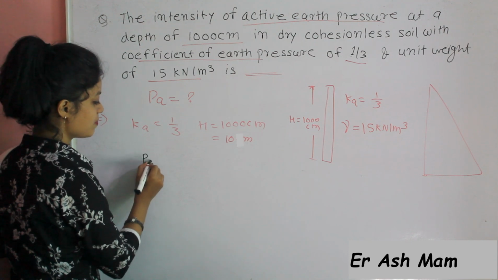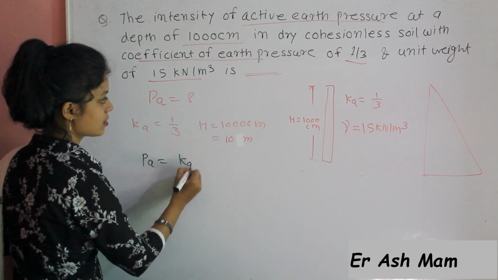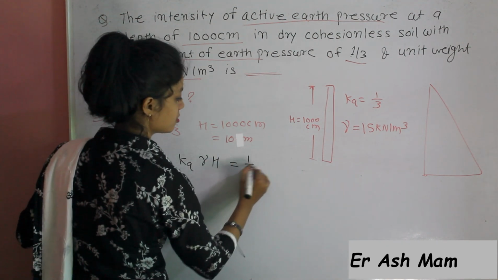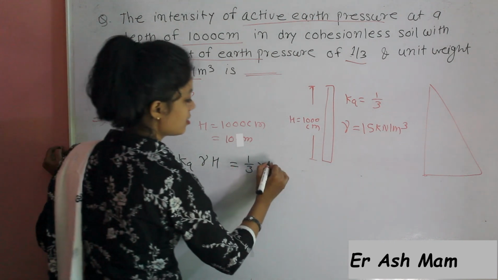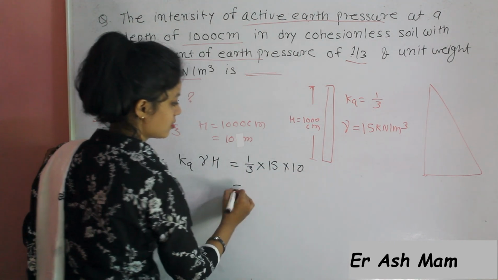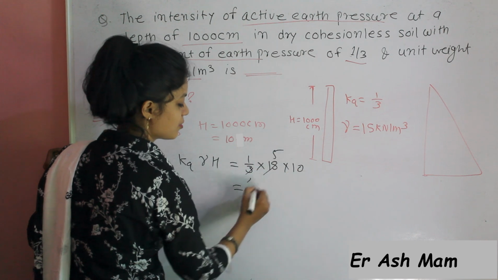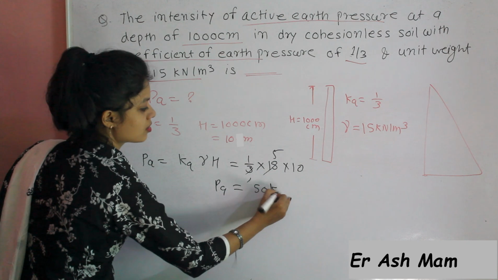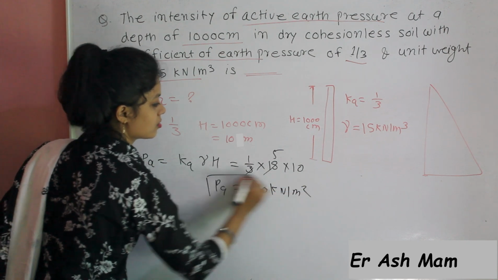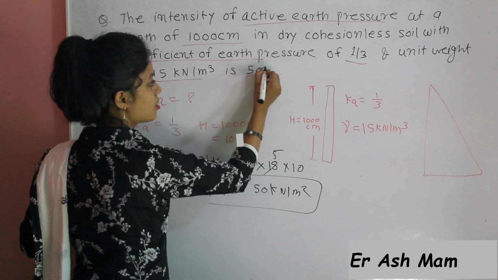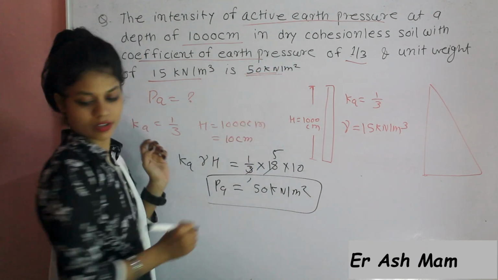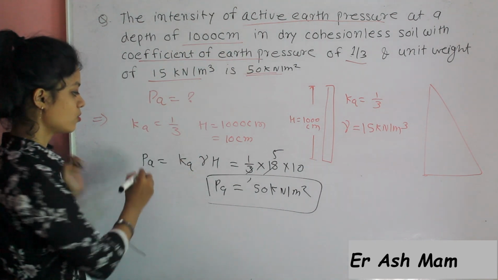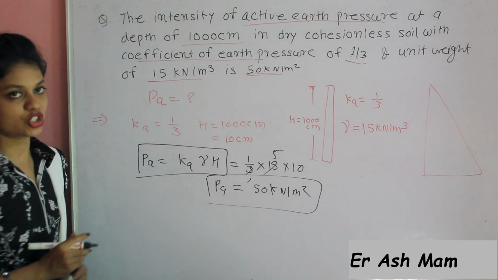We know that active earth pressure Pa equal to Ka gamma h, where Ka is 1/3, unit weight 15, into 10. 3 5s are 15, 5 into 10, 50. Therefore, Pa equal to 50 kN per meter square. So the formula for active earth pressure is Pa equal to Ka gamma h.